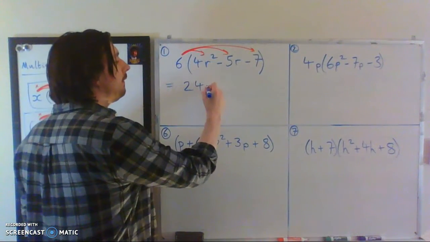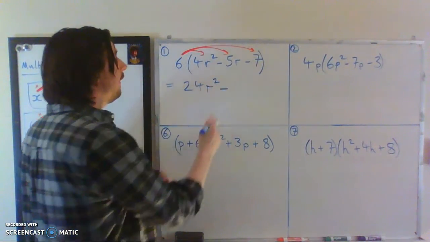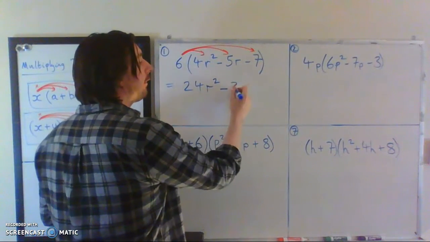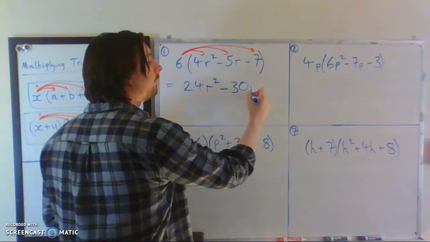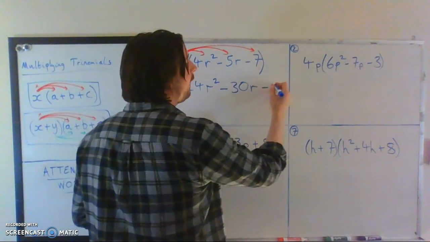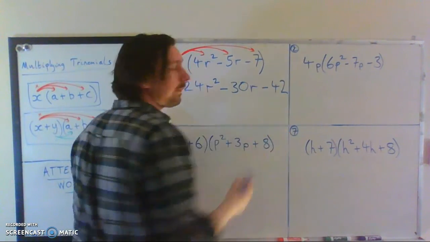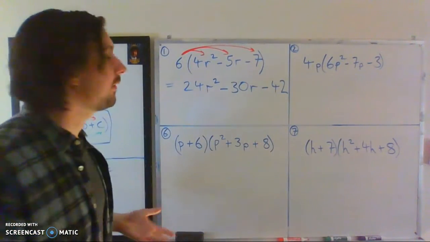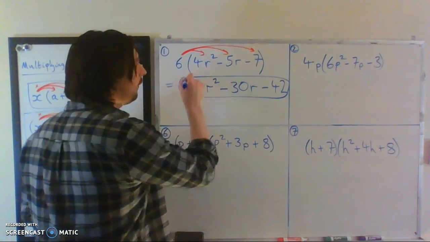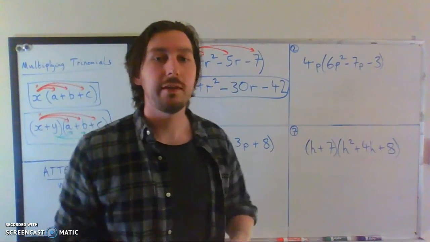I've got the r squared. 6 times negative 5 gives me the negative 30, and there's an r. And then 6 times negative 7 is negative 42. And that's the answer to that question. That's all it is. So the first 5 questions is just like that.